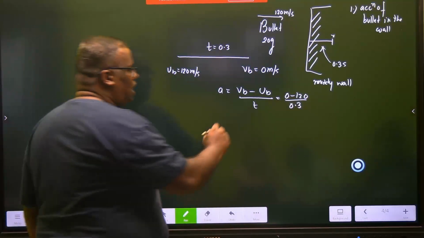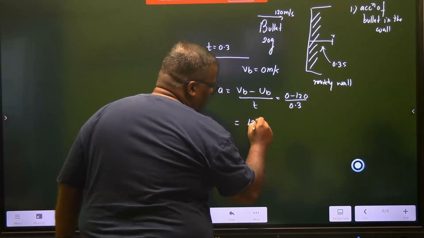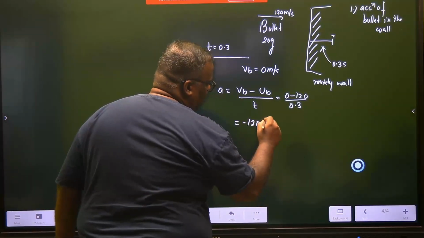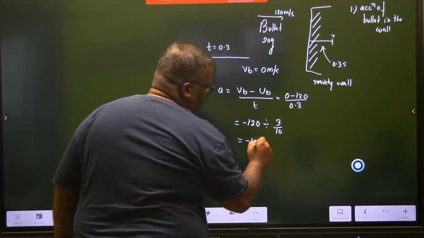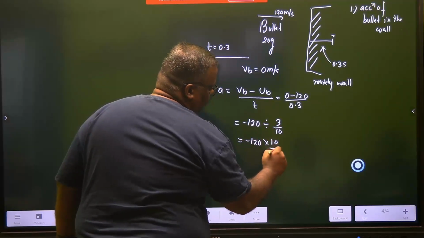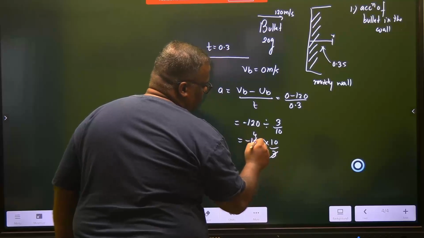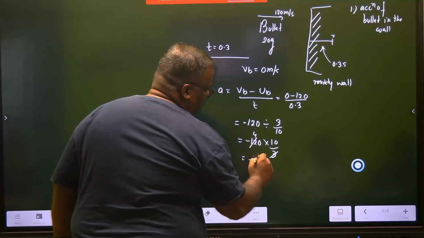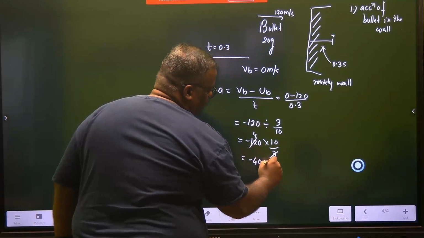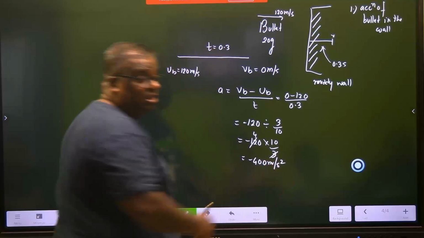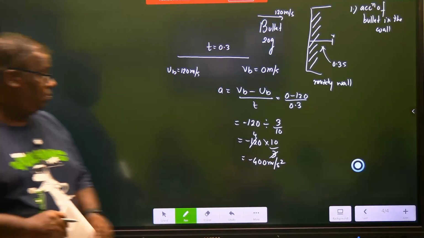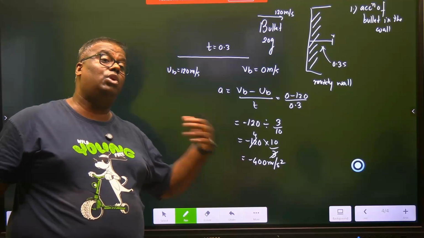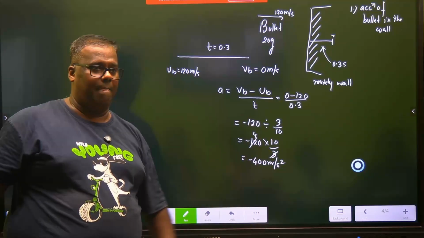So how to do this calculation quickly? It's negative 120 divided by 3 by 10, which is negative 120 into 10 by 3. 3 4s are 12, so 40. So this is negative 400 meters per second square. Look at the acceleration. The speed is reducing at 400 meters every second.